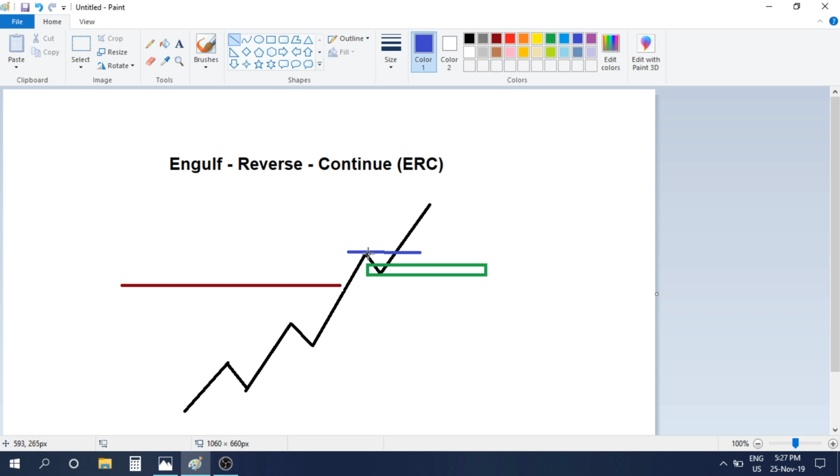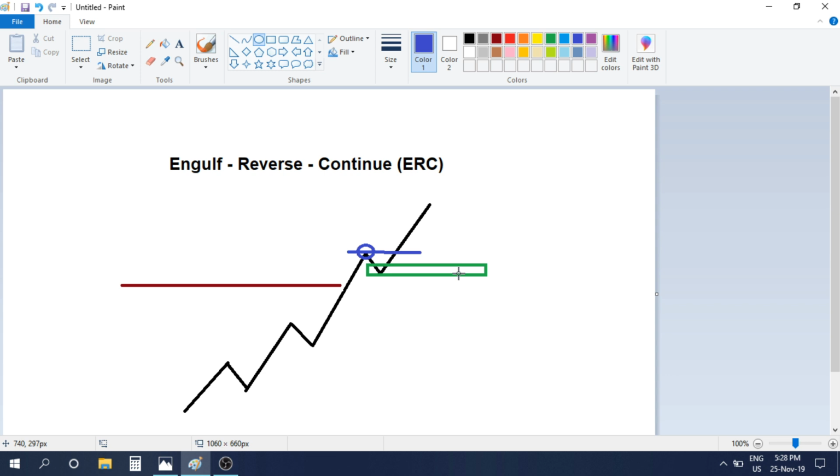So when price went up here, reversed a bit, a high was created over here. So this particular high needs to be also engulfed, or it needs to be crossed in the same direction to establish or complete this ERC zone.